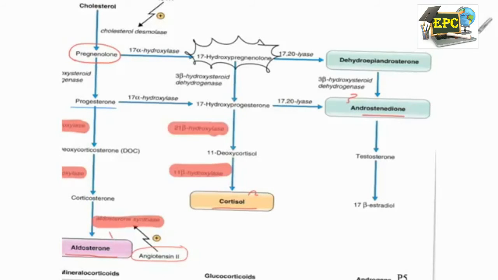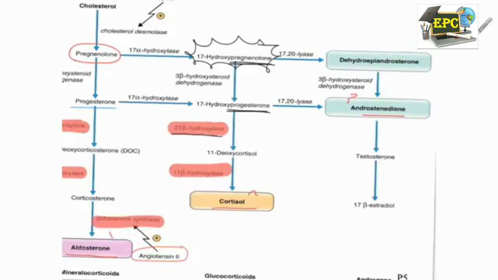So we start from pregnenolone, 17-hydroxypregnenolone, and then we convert it into a 17-hydroxyprogesterone. So be careful, we started here with pregnenolone and then with progesterone, 17-hydroxyprogesterone. Again, we see our very important enzymes in this pathway, which is the 21-beta-hydroxylase.